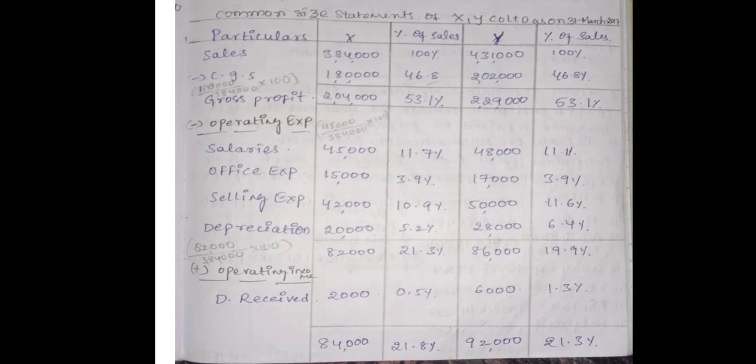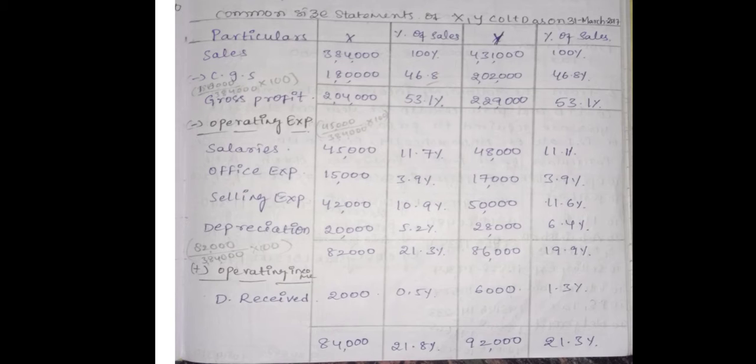Before preparing the income statement, we need to put the heading as common size statements of X and Y Company Limited as on 31st March 2017. So this is the heading. Now we need to calculate.